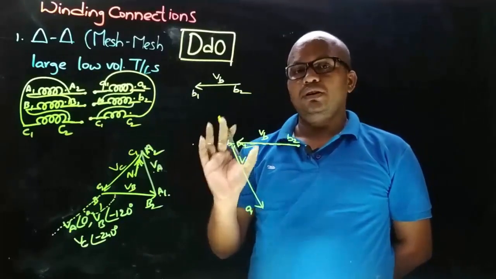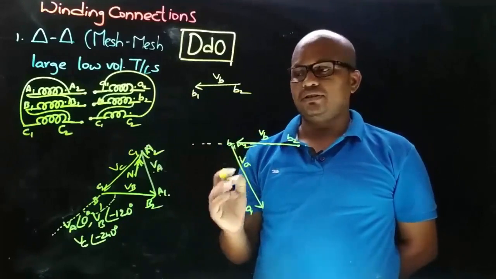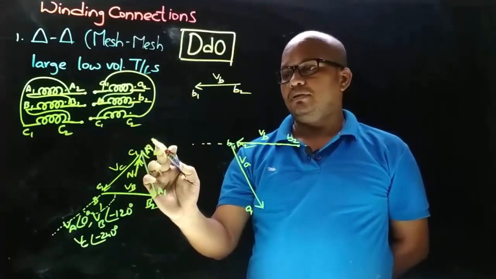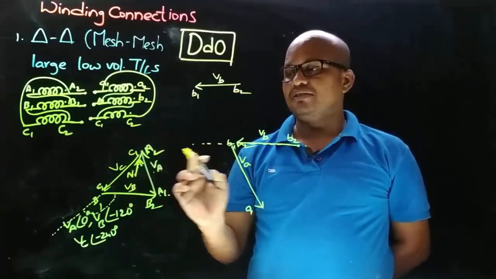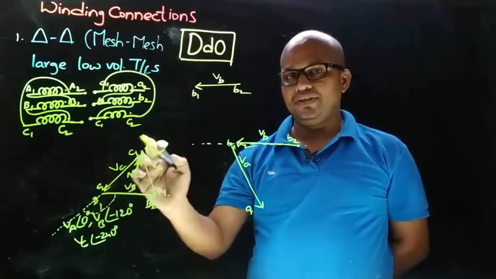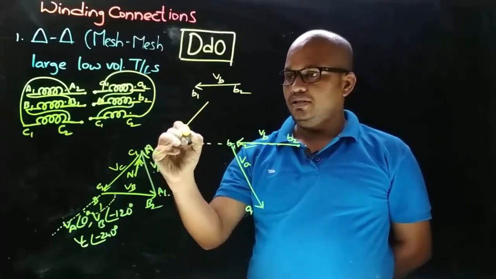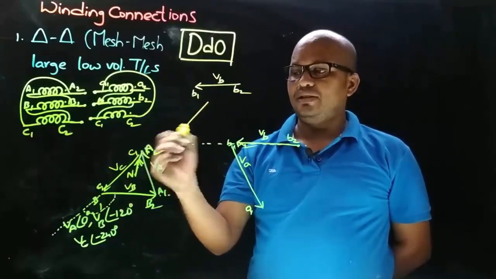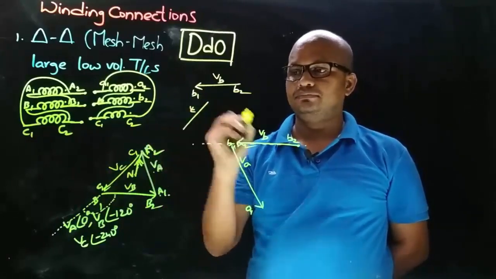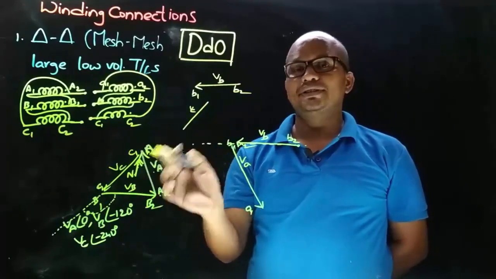Okay, now let's draw the secondary side VC phasor. The secondary side VC phasor is drawn parallel to the primary side VC phasor. The primary side VC phasor is like this, so let's draw the secondary side VC phasor parallel to it. Now we need to decide the direction.